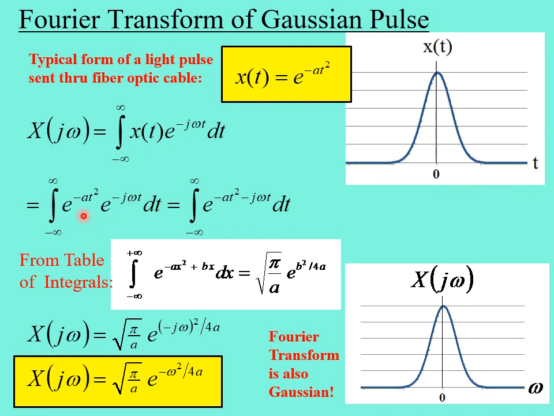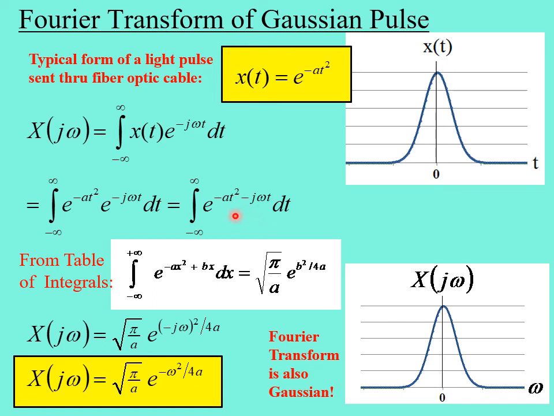Let's see, the next thing here is I can combine my two exponents by simply adding them together, and I end up with this form here. E, and look at the exponent: minus a t squared minus j omega t. So what do you do with this? Well, this is something that would not be super easy to integrate using standard methods, but we can pull this off of an integral table.